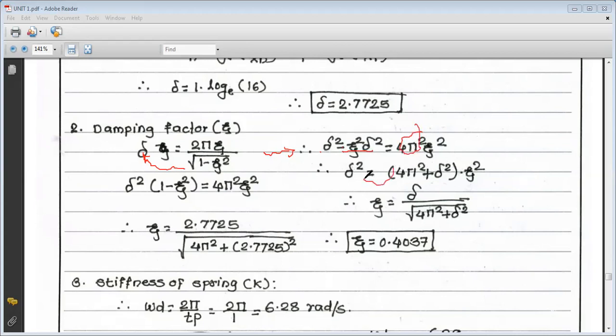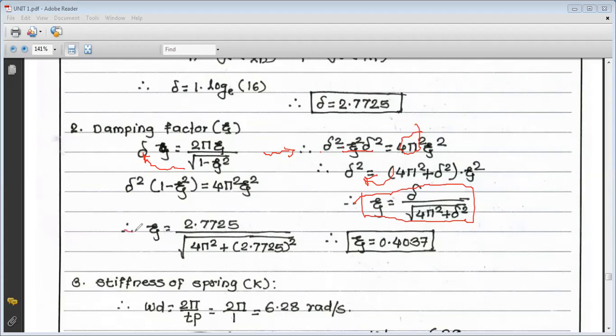So by dividing this, we get the value of zeta square, and the value of zeta is delta upon square root of 4 pi square plus delta square. So if we have found the value of delta, then we can find the value of zeta by directly putting it in this equation, that is zeta is equal to delta upon square root of 4 pi square plus delta square.